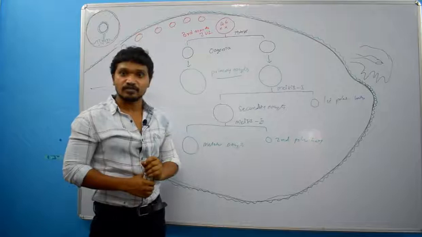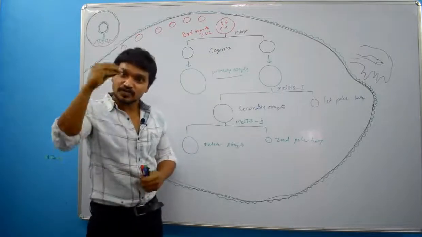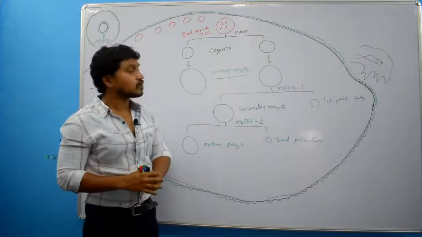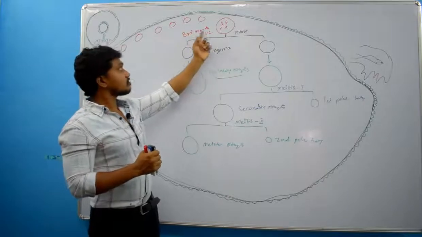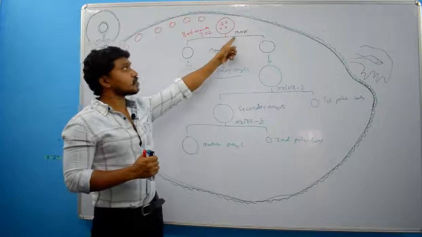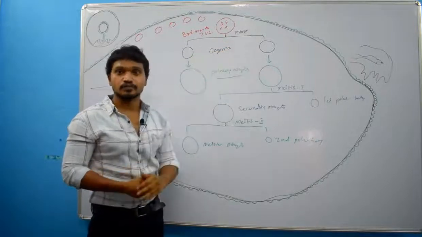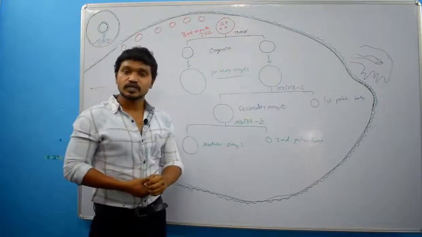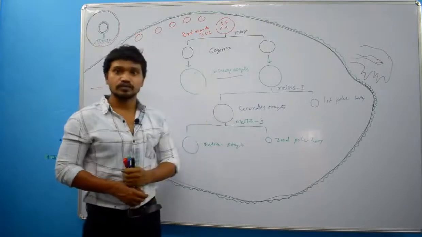That means oogenesis has started within the mother's womb itself. Right? So at the third month, these primordial female sex cells undergo mitotic division and produce oogonia.